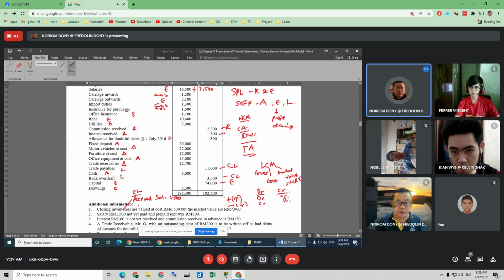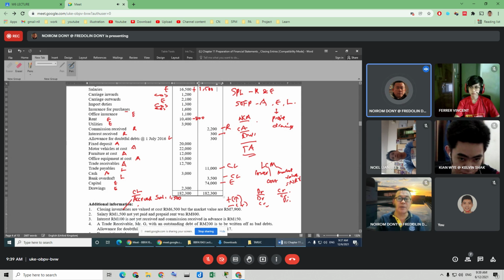Okay, once again, this one, prepaid rent. So rent, look at this, rent is an expense. So prepaid rent was 800, meaning inside this amount, we have 800 that belongs to the next following year. So this is a debit item. When we minus, we are actually crediting, correct?